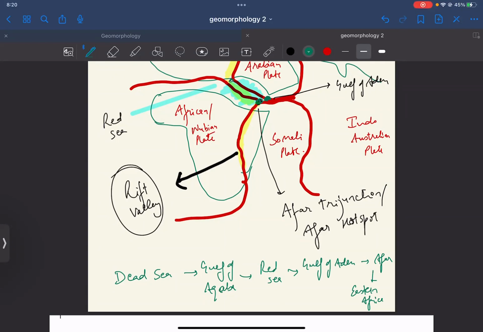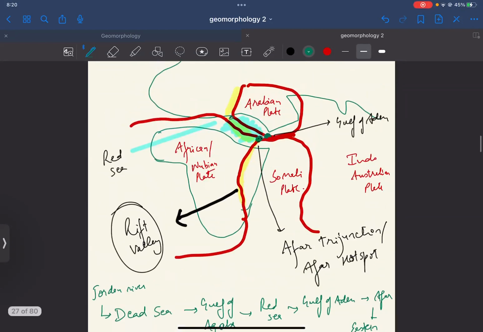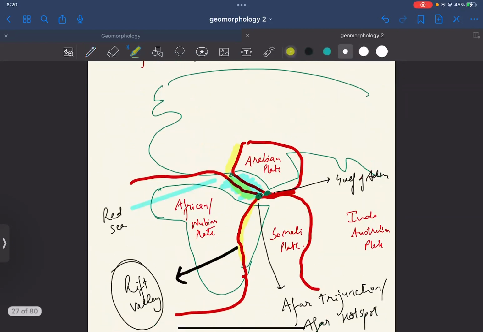Right? And also before the Dead Sea, we have the Jordan River. Over here we have the Jordan River, then the Dead Sea, Gulf of Aqaba, Red Sea, and then the African part. This is the extension of the Rift Valley, sorry. Clear?